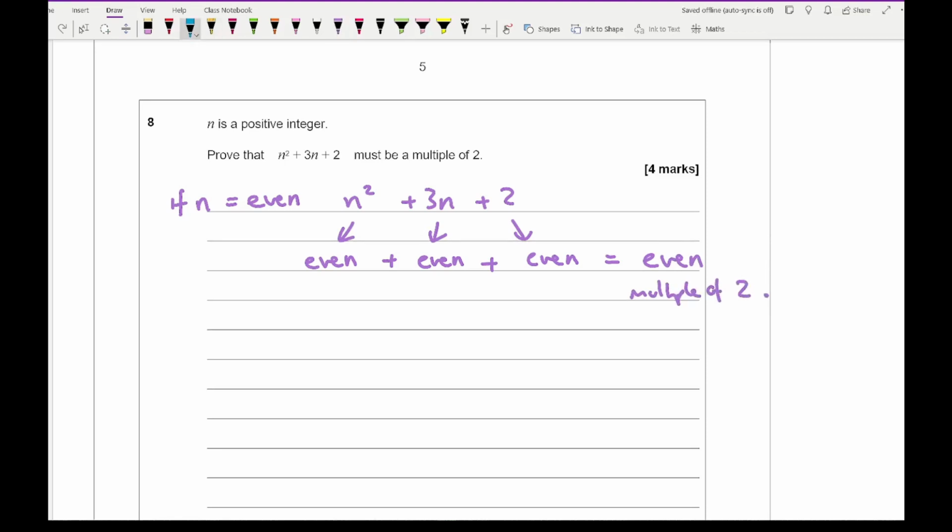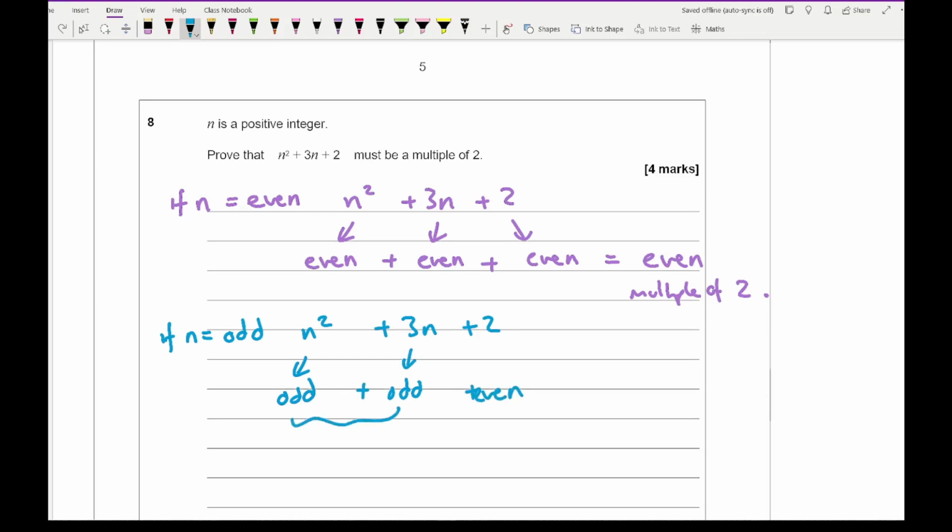If n is odd, then n squared plus 3n plus 2: well, an odd number squared is always an odd number. 3 times an odd number, well, that's an odd times an odd, which is odd. And then plus an even.